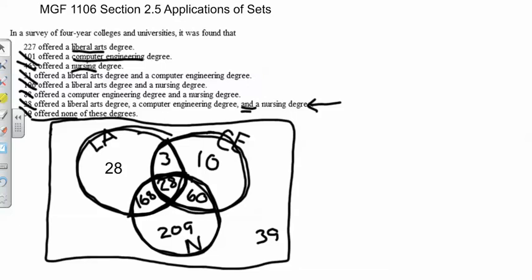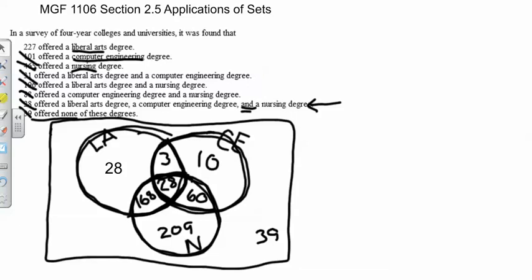Now, before you even try to answer the questions that are posed to you in these application problems, it is very wise to construct a correct Venn diagram, as we have, and put a quantity, kind of like a cardinal number, in each one of those 8 regions. And then read the questions very carefully and look at the Venn diagram to figure out the answer.